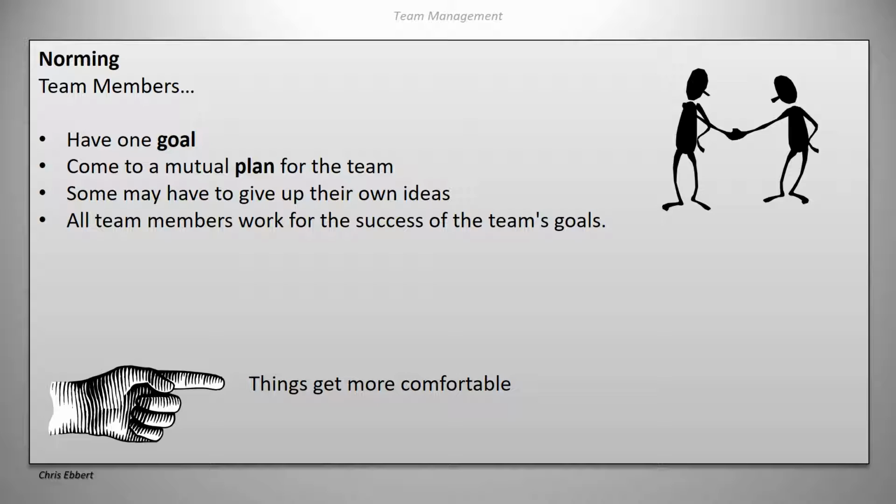They are basically signing up for the greater good, and everybody is working towards the success of the team's established goals. So that's when things really calm down, get systematic, strategic, and generally move ahead.